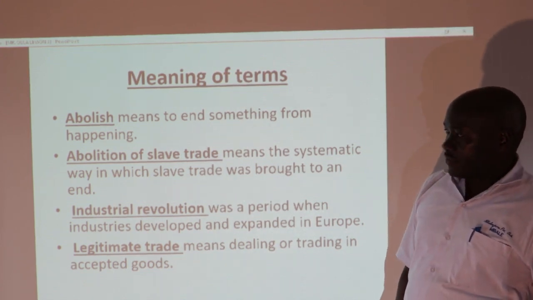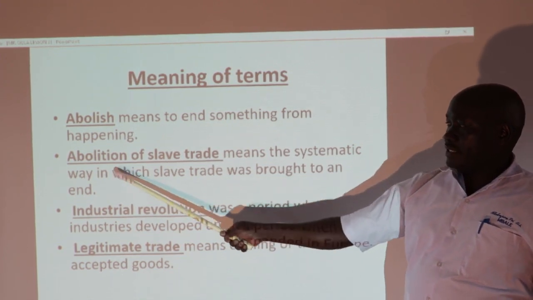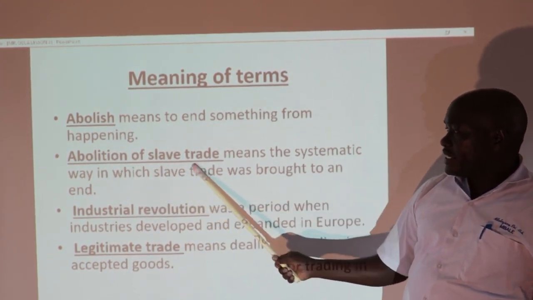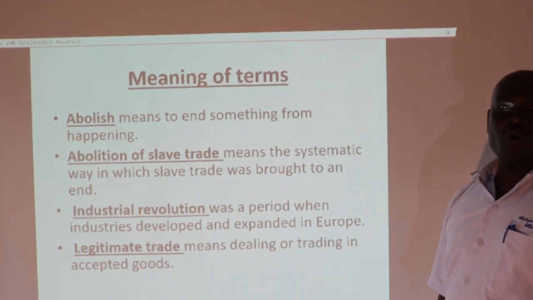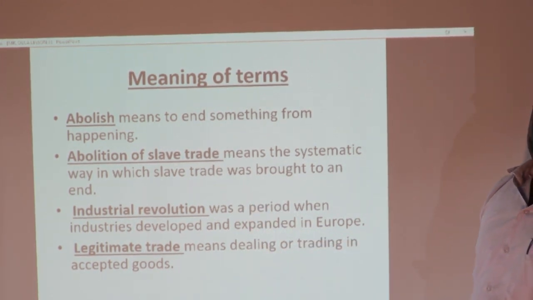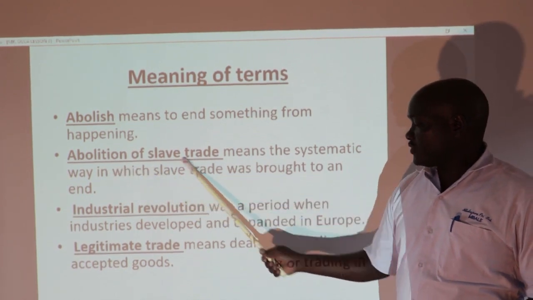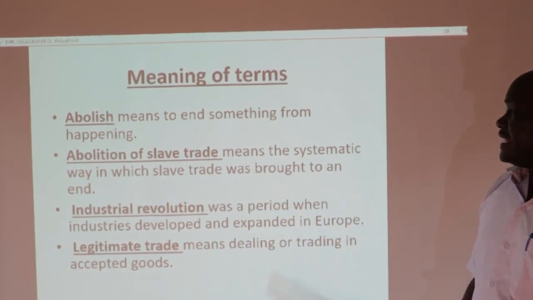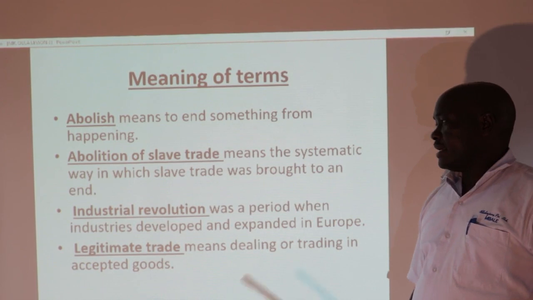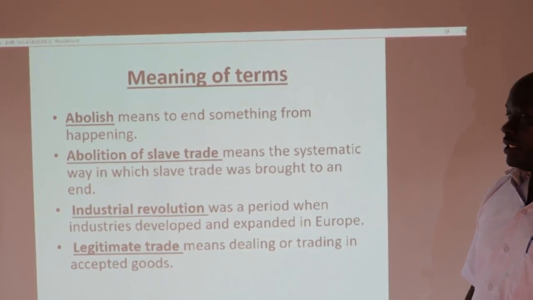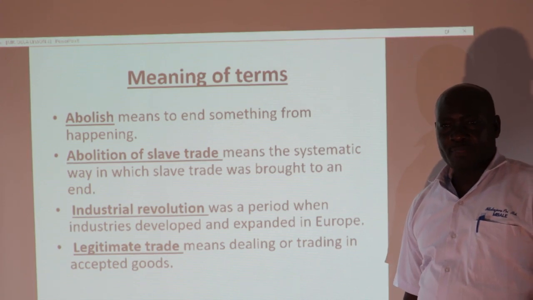Then we move. Here we talk of the word abolition, but we want to look at it with other words, that is abolition of slave trade, which was the evil act which was carried out in Africa. Now here we are saying abolition of slave trade means the systematic way in which slave trade was brought to an end.